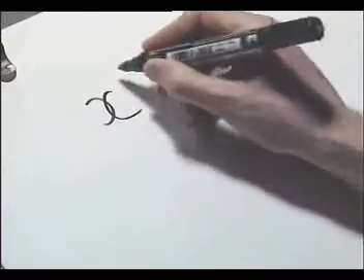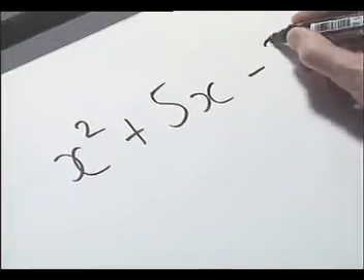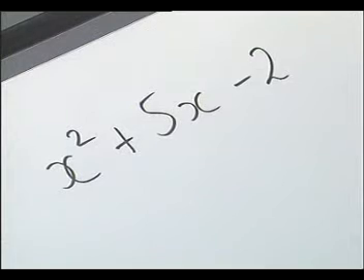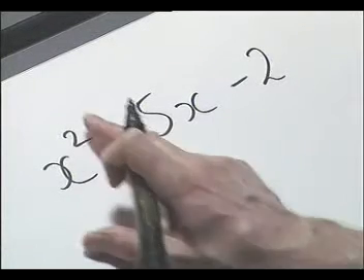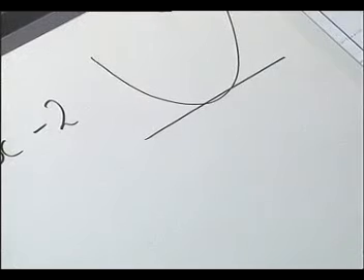Let's begin by looking at a very specific example. Supposing we've got x squared plus 5x minus 2. Now, x squared is positive. So one of the things that we do know is that if we were to sketch the graph of this function, it would look something perhaps like that.